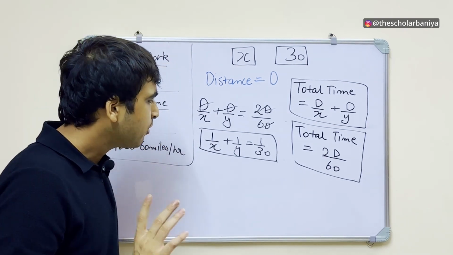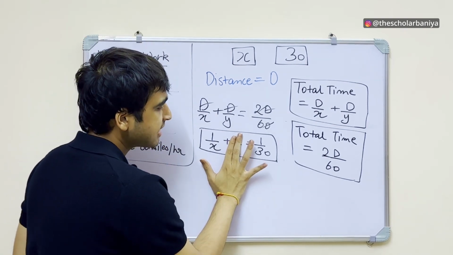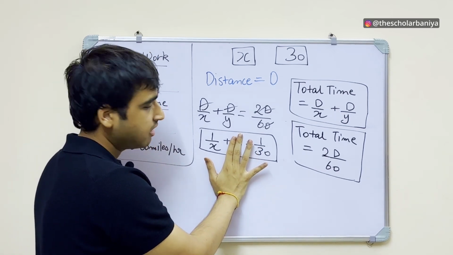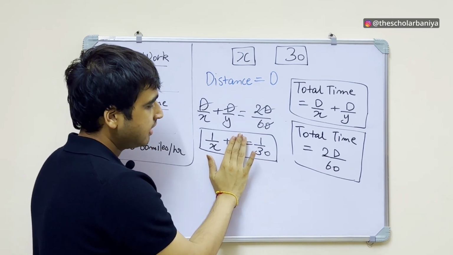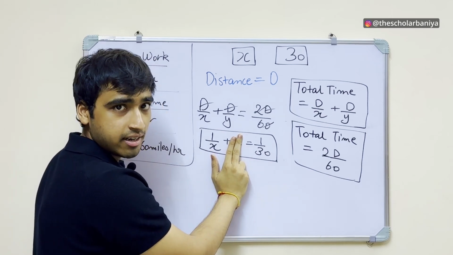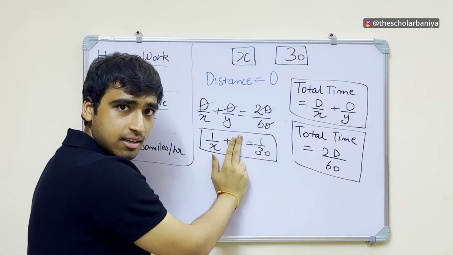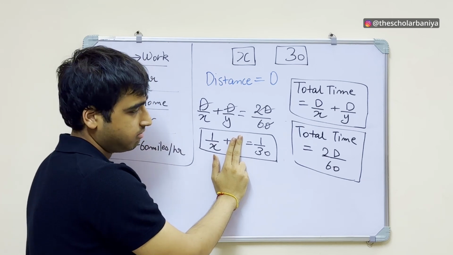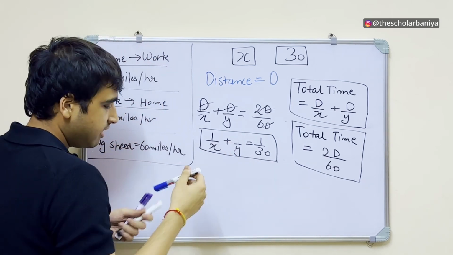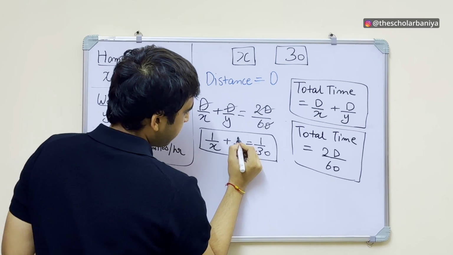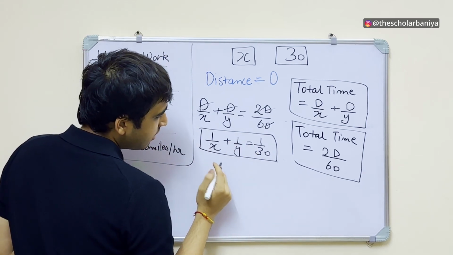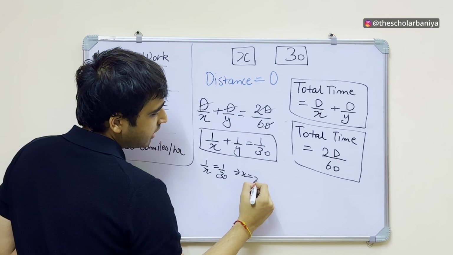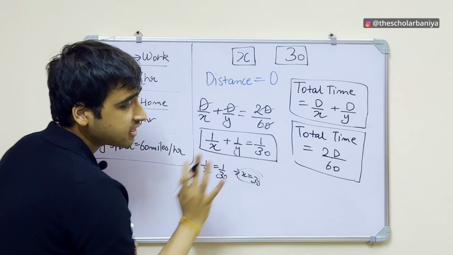Now, if the term 1 upon Y were absent, then what would X be? X would be 30, because 1 upon X would equal 1 upon 30.